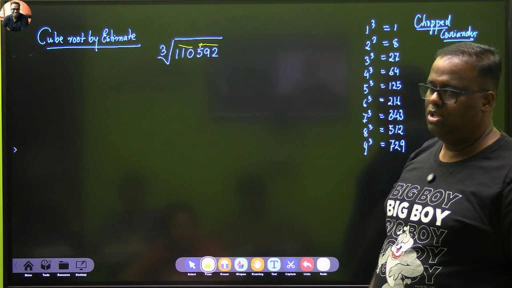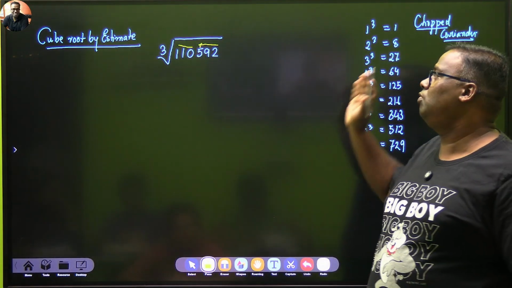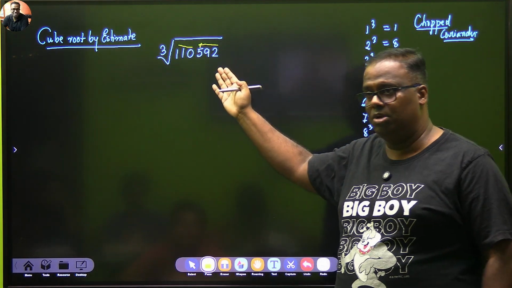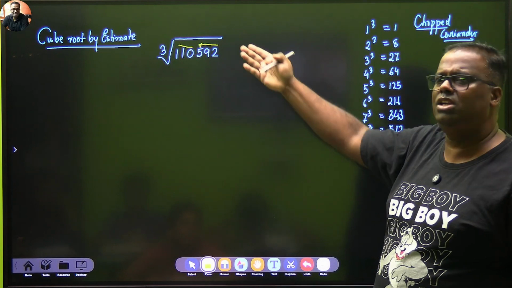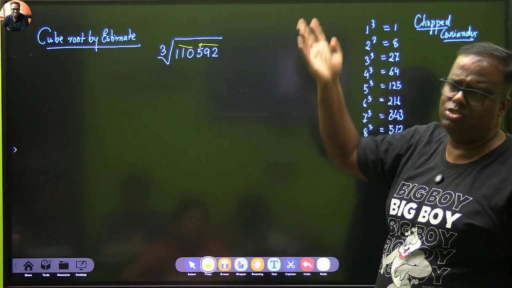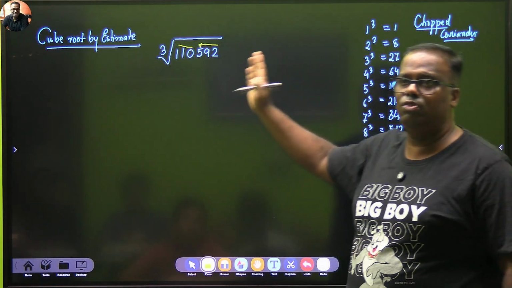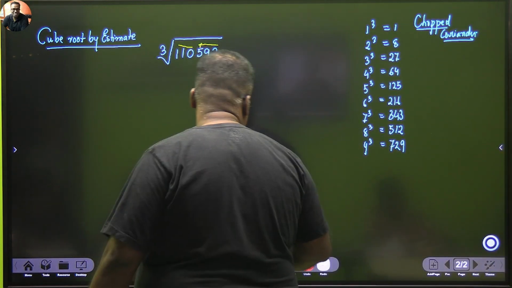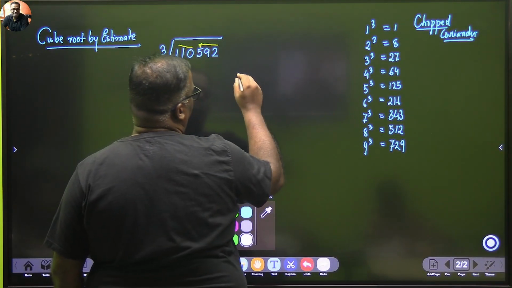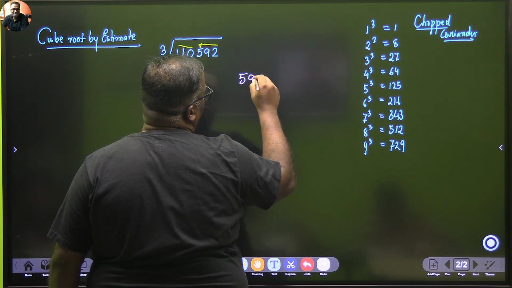This is a 6-digit number. Otherwise, there could be a group of 2 digits that would not form a triplet, but no issues, let it remain. From this side, first we should make a triplet. So the first triplet is 5, 9, 2.